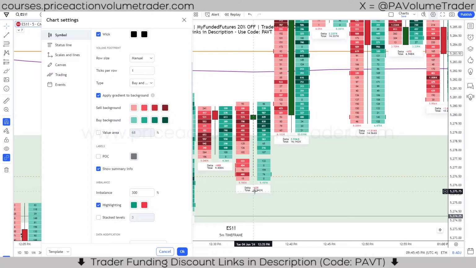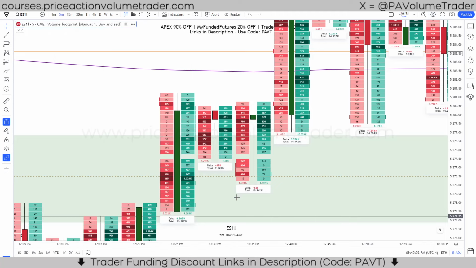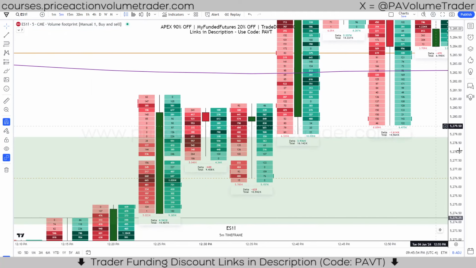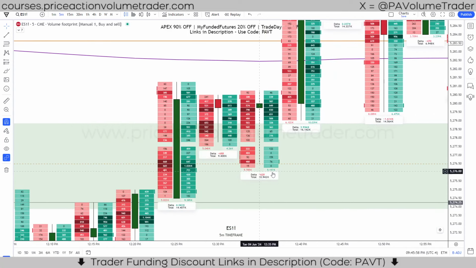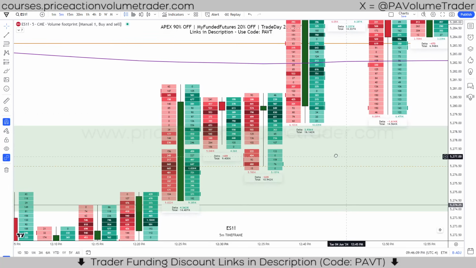And then you have the total volume and the delta underneath, which, as you know, delta is the difference between executed buys minus executed sells. So when you have a negative delta on a candle, that means there was overall more executed aggressive selling, and when it's green, it's the inverse.